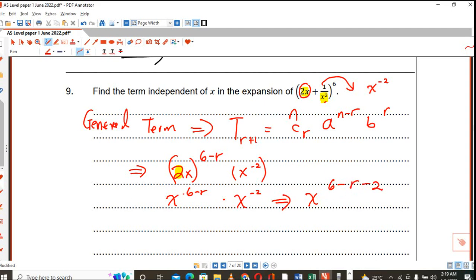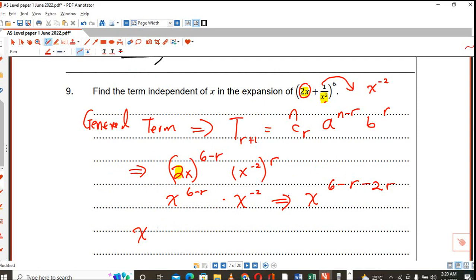So this is cleaning up nicely as 6 minus, let me just write that down, no, that should be an r.